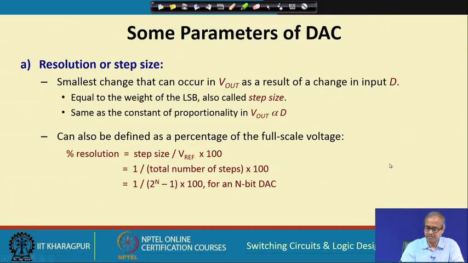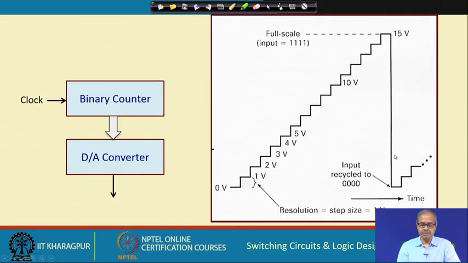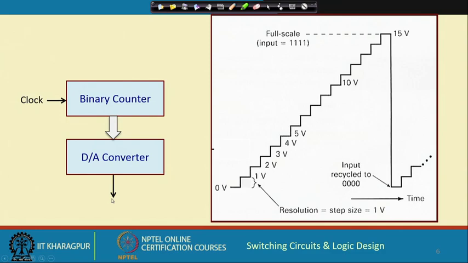Okay, let us move on. Now, suppose I connect a DA converter directly to the output of a binary counter, and there is a clock. The binary counter is counting 0, 1, 2, 3, 4. If you observe the output of the DA converter on an oscilloscope, you will see a staircase kind of structure generated.